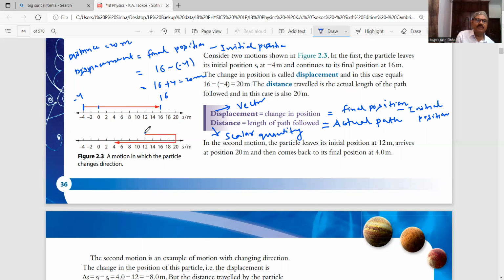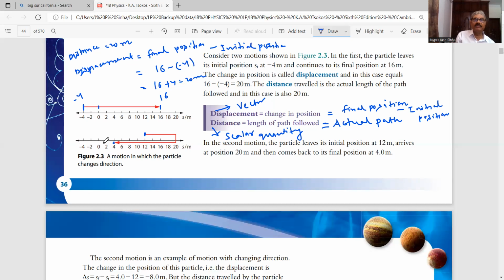But here, see here. The initial position of the body is 12, and the final position of the body is 4. As I told you, distance is the actual path. The body comes from 12 to 20, then it changes its direction and comes to 4 from 20 in the negative direction.